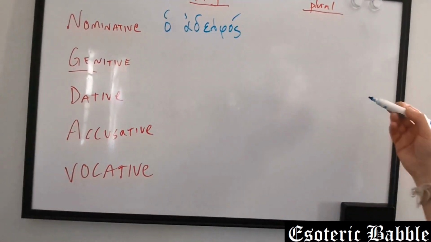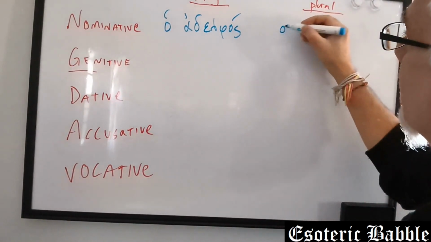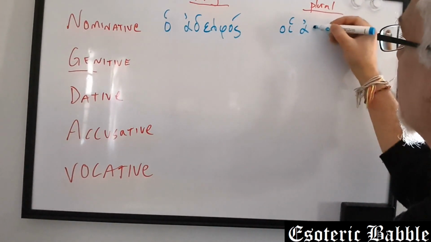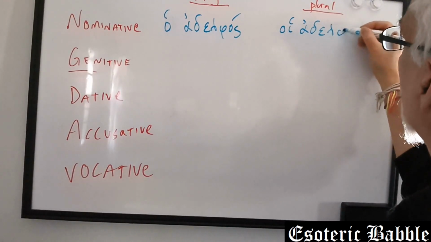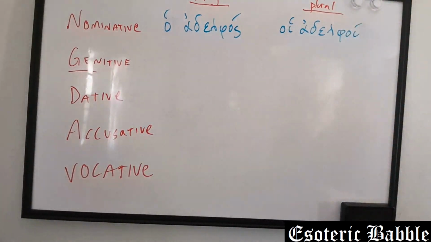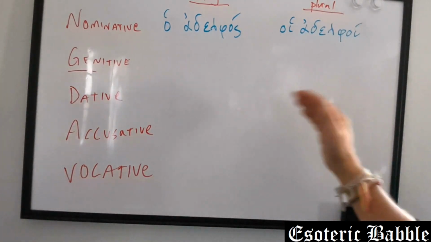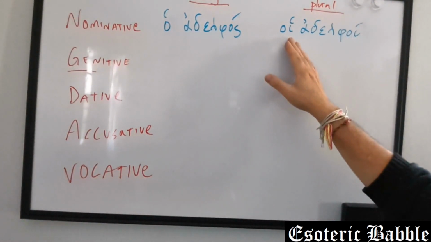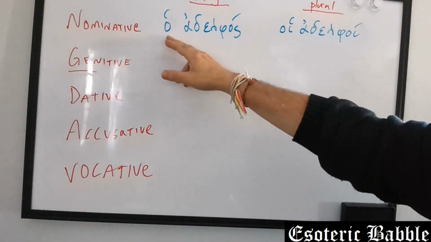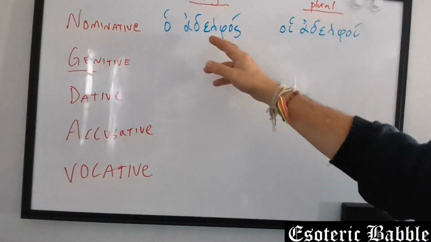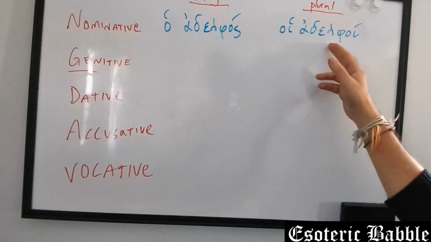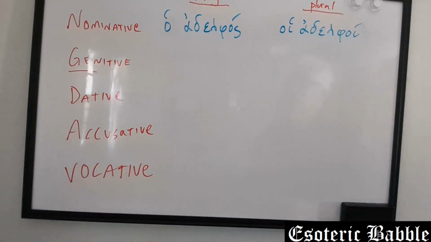When it is found in the plural, it looks like hoi adelphoi. So like in English, we would say the brother and the brothers. In Greek, they make a couple of changes. They change the definite article as well. Notice it changes from ho to hoi, and adelphos changes to adelphoi.